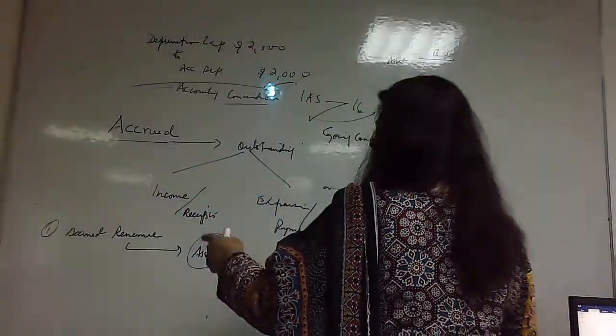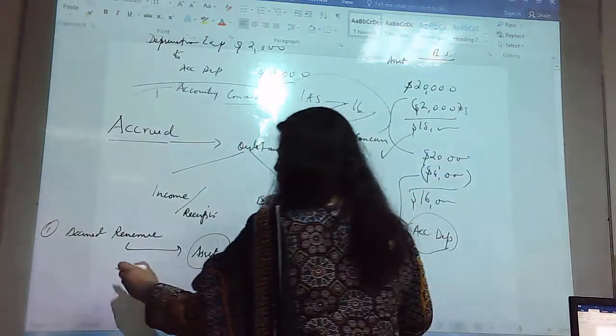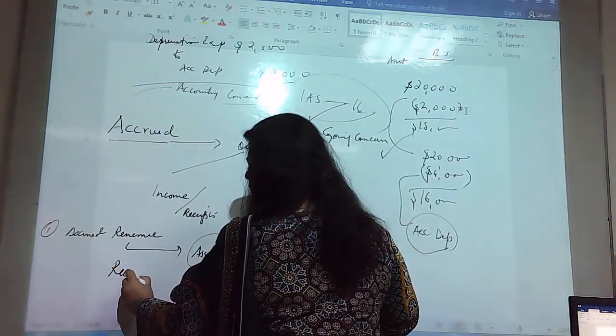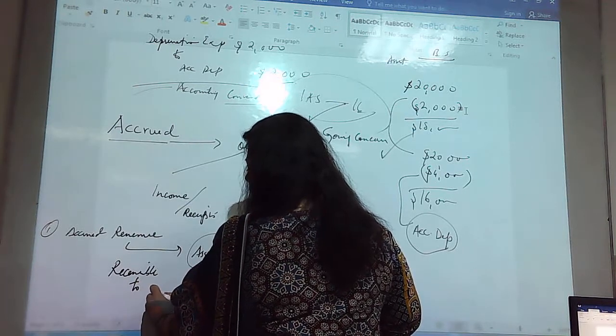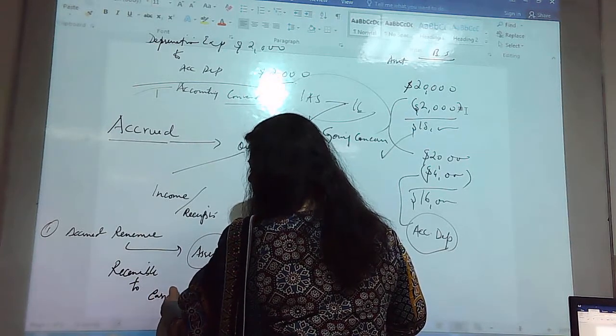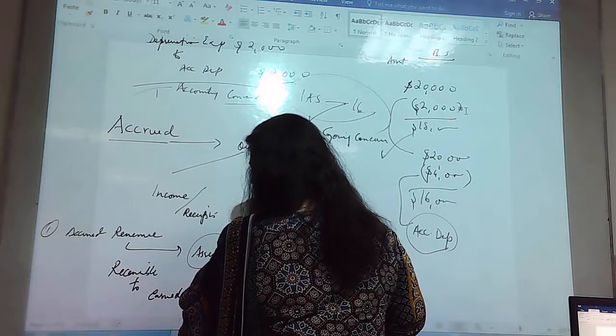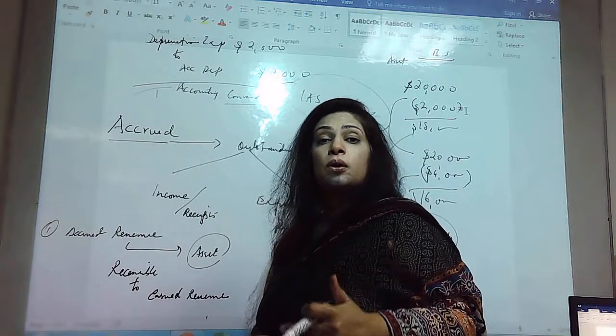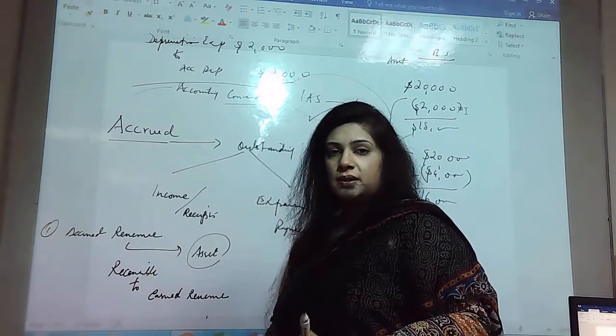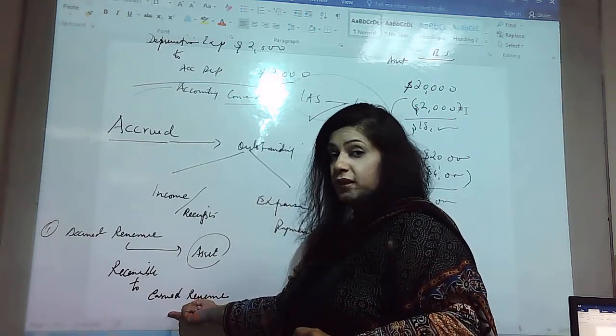So when you make an entry, you're going to write receivable from the debtors, trade debtors, to earned revenue, okay? So this is earned revenue. That means you gave the service or you delivered the goods, but you haven't received the payment as yet. So this is earned, big time.